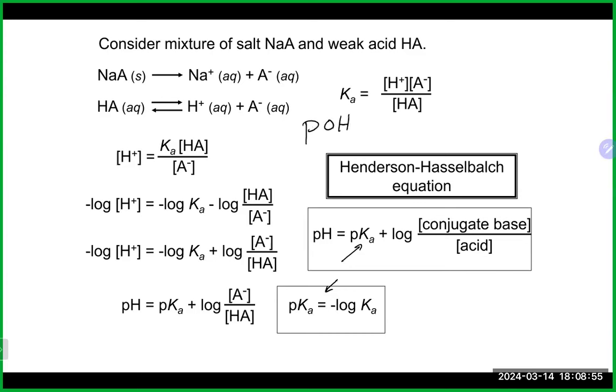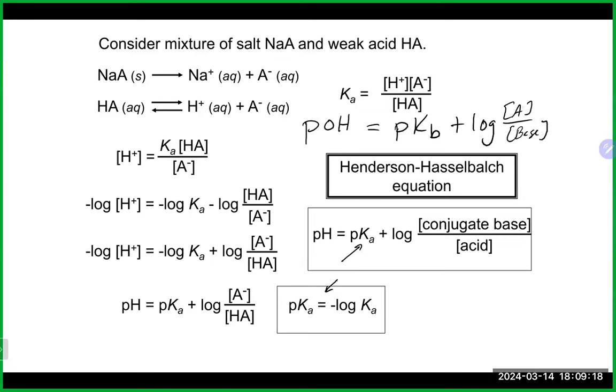Yeah, so there is sort of a pOH version of the Henderson-Hasselbalch equation, which is equal to the pKb for the base, not the acid, plus the log, and this is also flipped around: the acid over the base.